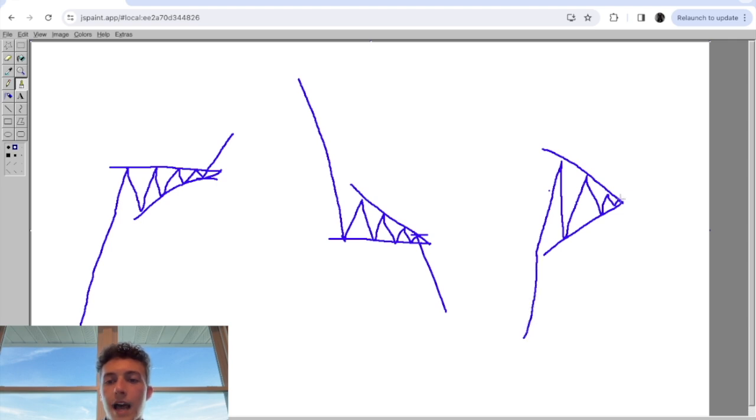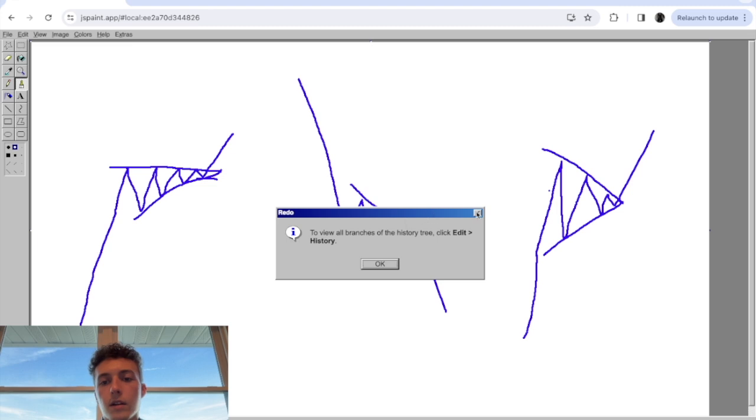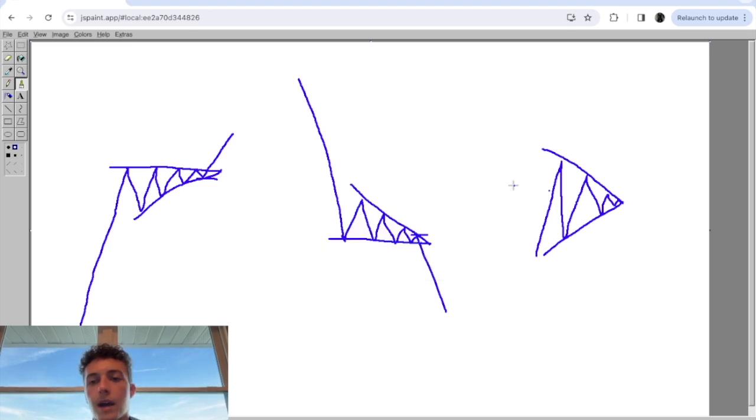Sometimes you can see these as continuation patterns to the upside or continuation patterns to the downside. So the symmetrical triangle can really go in either direction, which is why it's a bit more difficult to judge these types of patterns.